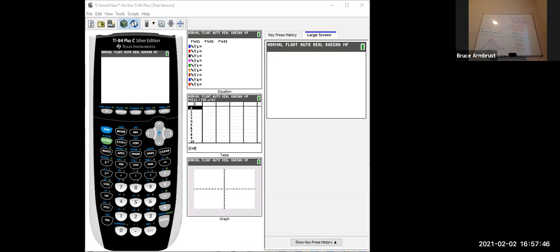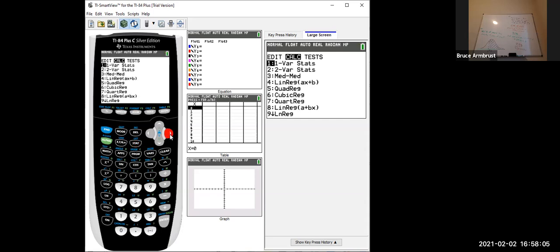It's right here. If you hit the stat button, you're going to get a little window, a menu. And so you notice that this one, first of all, it says edit. This is where you could actually put in a list to do some statistics. If you arrow over, it goes to calc, and here are all the different things that you can calculate.